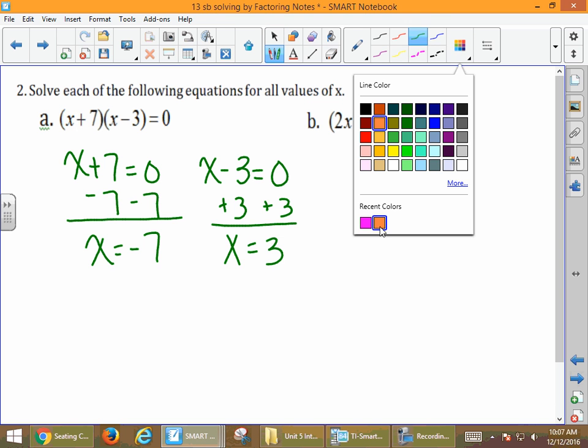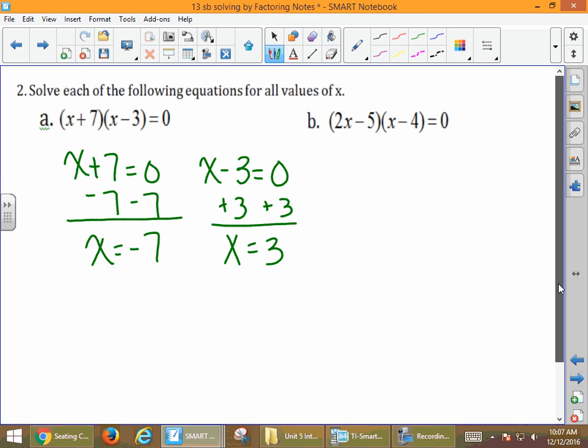Same thing over here on letter B. Either this factor equals 0, or this factor equals 0, or they both equal 0. That's what the zero product law says. 2x minus 5 equals 0, or x minus 4 equals 0, or they both do.